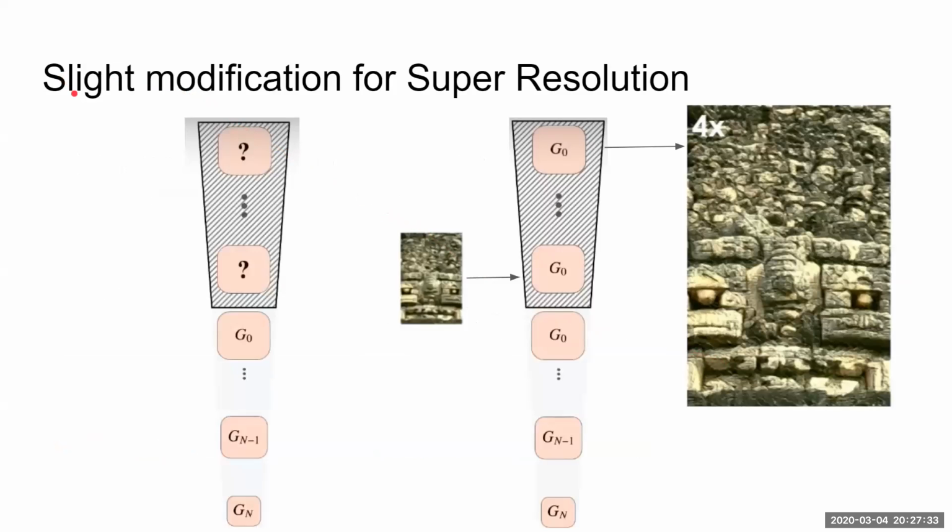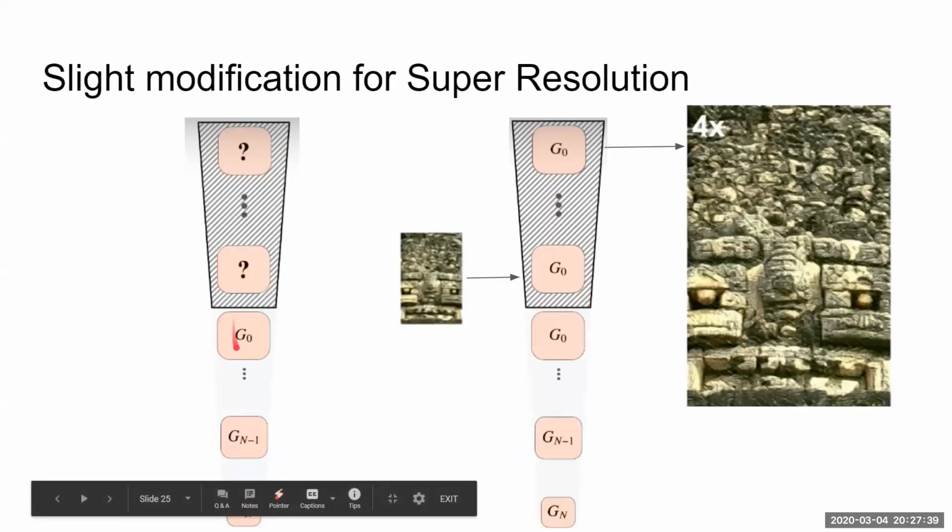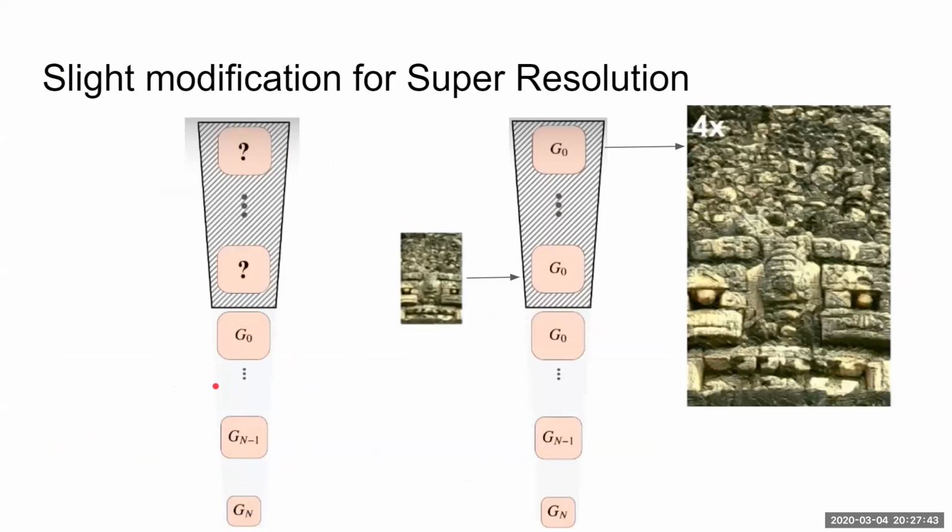So for the super resolution, they modified the architecture a little bit. There are n scales, and what super resolution is, we are trying to replicate the characteristics, and we are trying to upscale the image without reducing the characteristics or the character of the image.